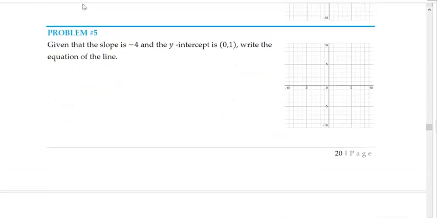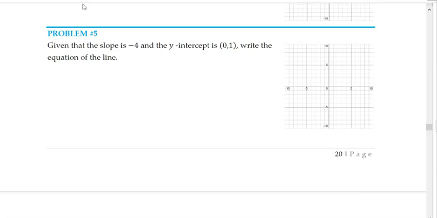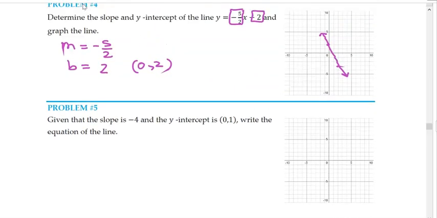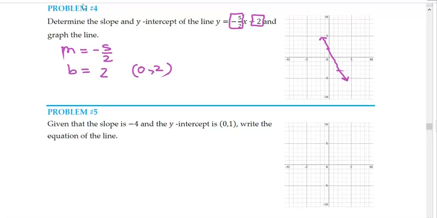All right, and then again this time it's giving us the slope and the y-intercept, and it wants us to make an equation of a line. All right, so remember our line is y equals mx plus b. So it gives us that the slope is -4, so that's going to go in place of our m.